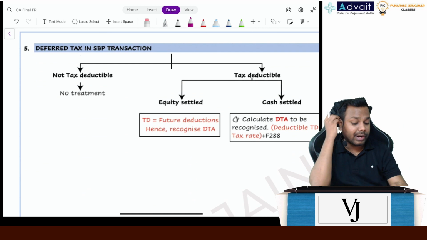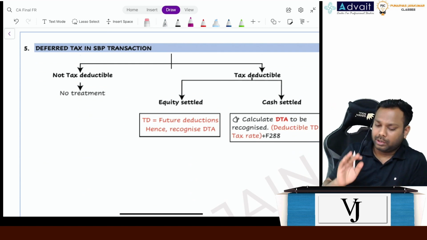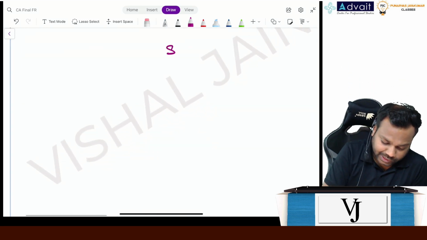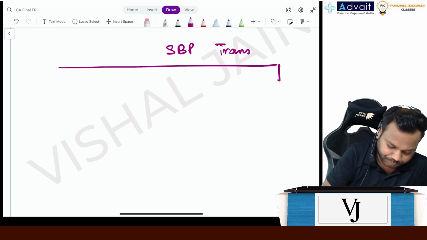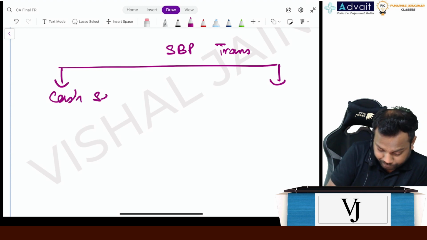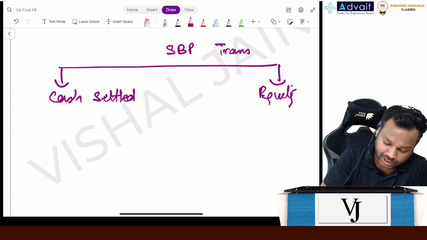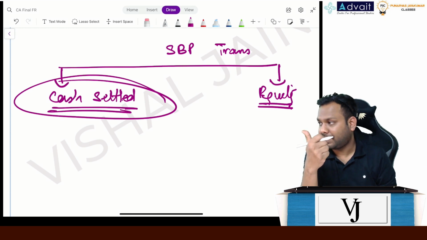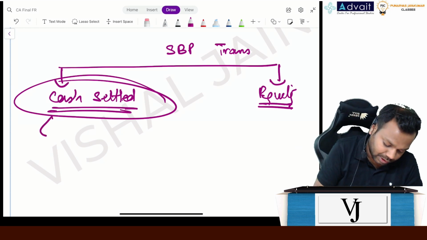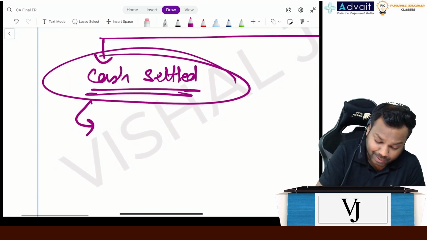Now, deferred tax for a share-based payment transaction. See, understand. Share-based payment transaction, if it's cash settled or it's equity settled. Okay. If it is cash settled, definitely I'll get a deduction for it. That's an expense for the company. Right now, if you can recall in Ind-AS 12, and this is the liability, right?